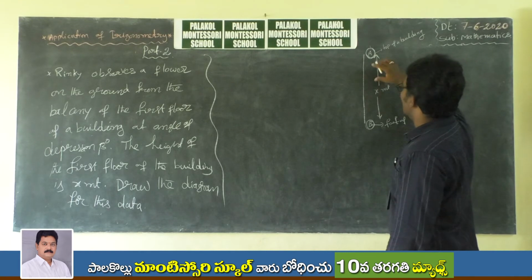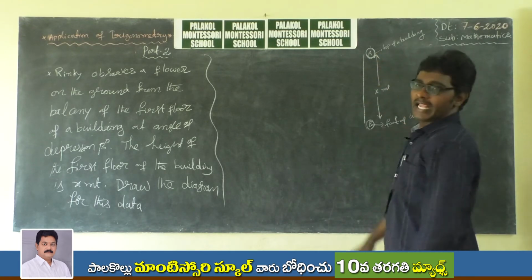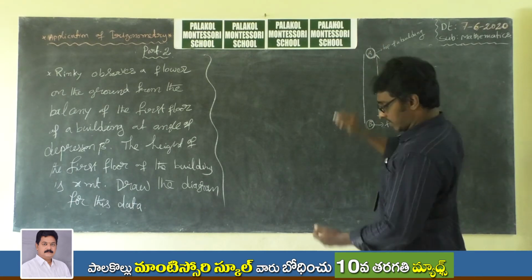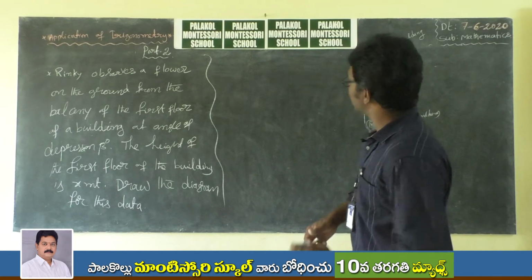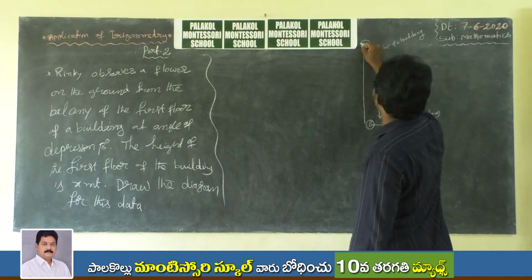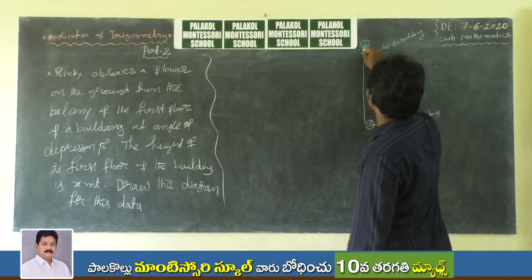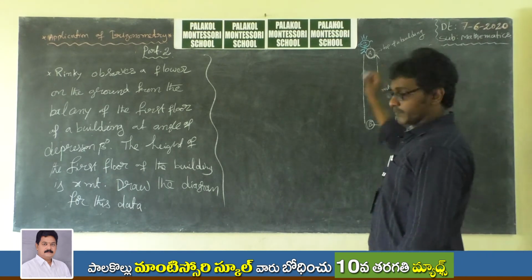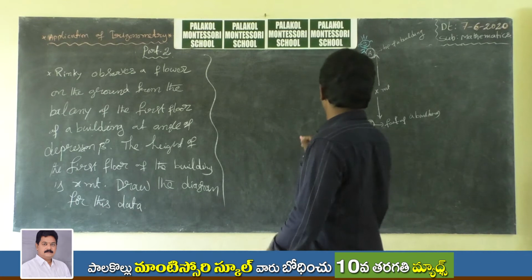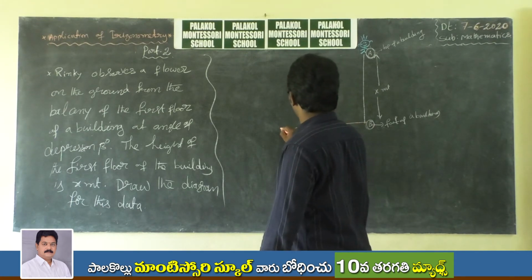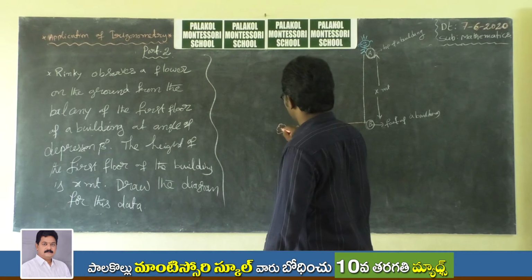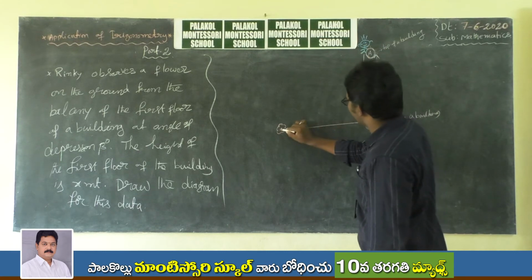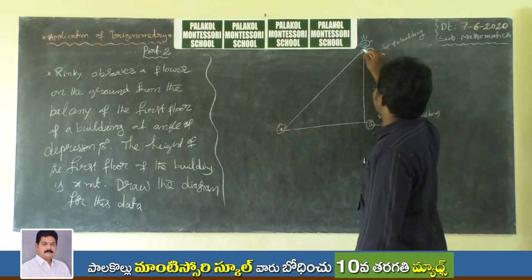So AB means the height of the building, which is x meters. Here one person is at the top of the building, suppose that person is you, and that person sees one flower on the ground. Suppose this is the flower, that is at the base.